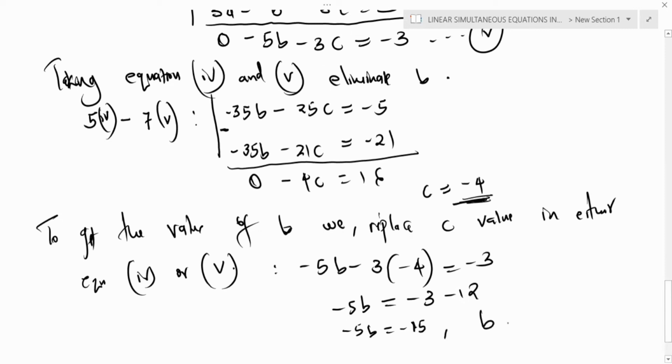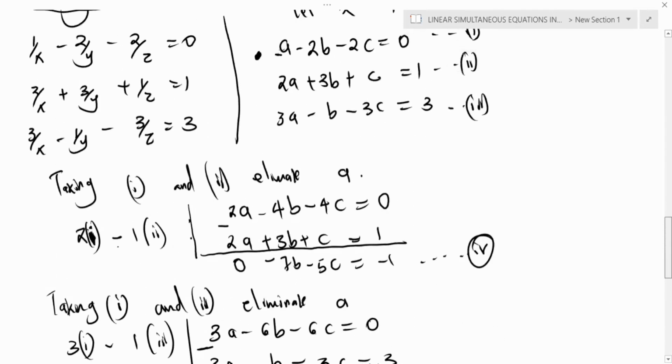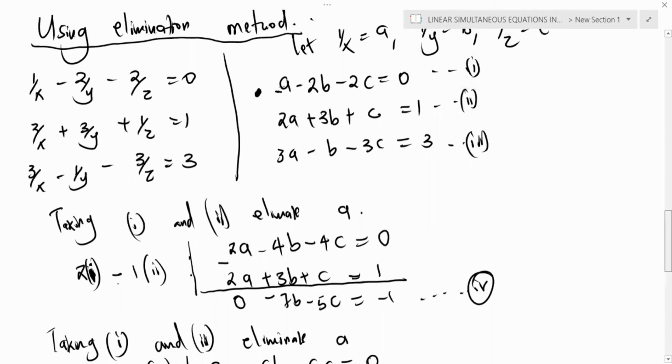So what's the value of B? B is equal to 3. Finally, in order for us to get the value of A, we replace the value of C and B in either equation 1, 2, or 3. So we can replace in either of these equations.